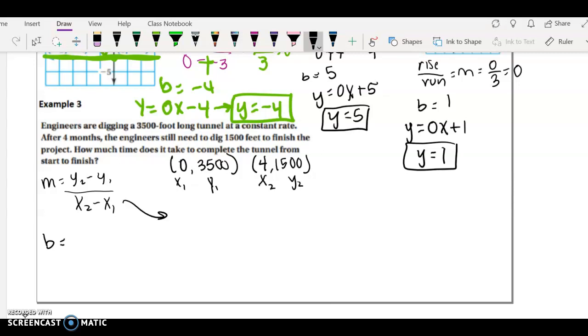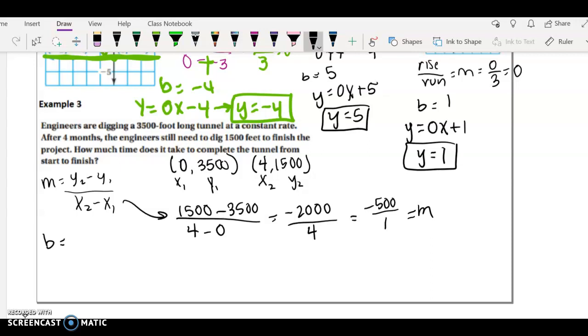So I'm actually going to do this below. So my y2 was 1,500 minus my y1, which is 3,500, over 4 minus 0. This gives me negative 2,000 over 4, and that fraction can actually be simplified by dividing the top and bottom by 4, so I get negative 500 over 1. That's my slope.